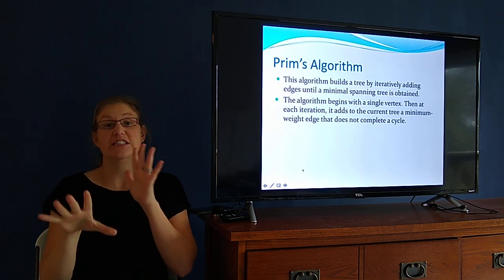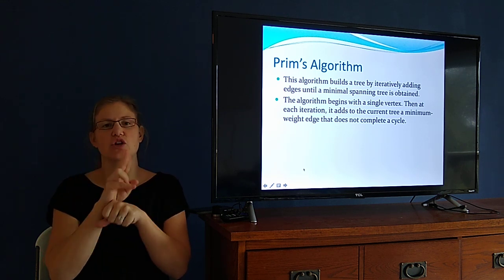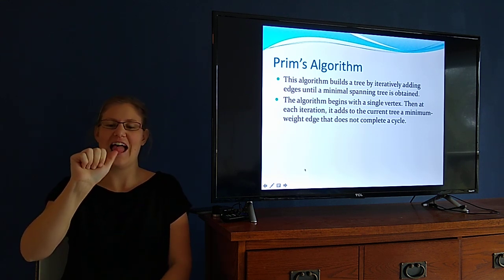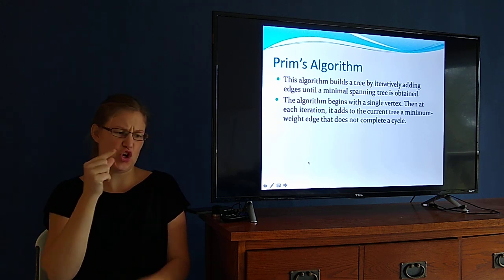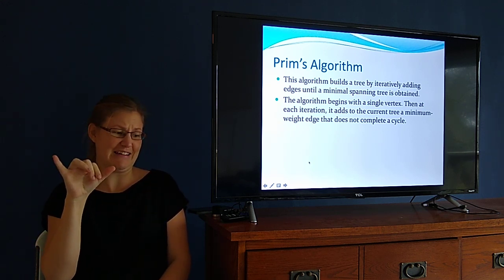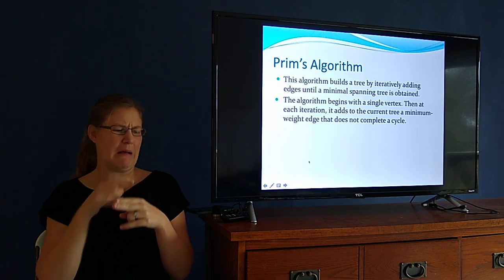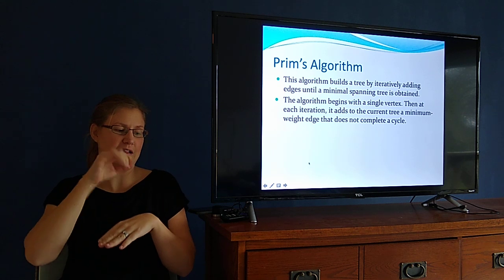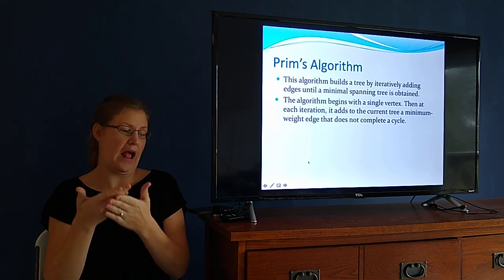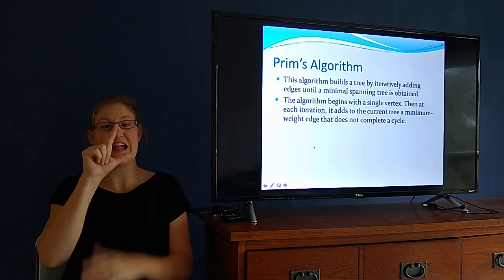To find it, we can use Prim's algorithm, or another name for it, the greedy algorithm. This algorithm builds a tree by iteratively adding edges until a minimum spanning tree is obtained. The algorithm begins with a single vertex, which is the root.